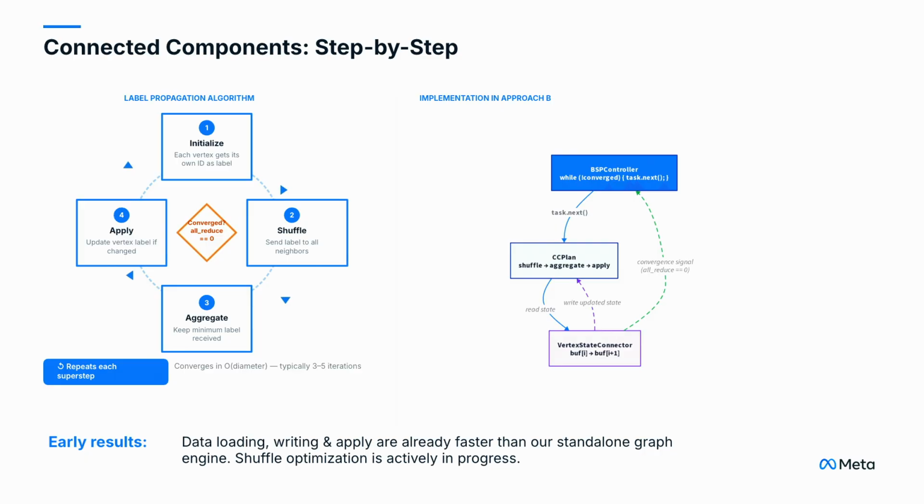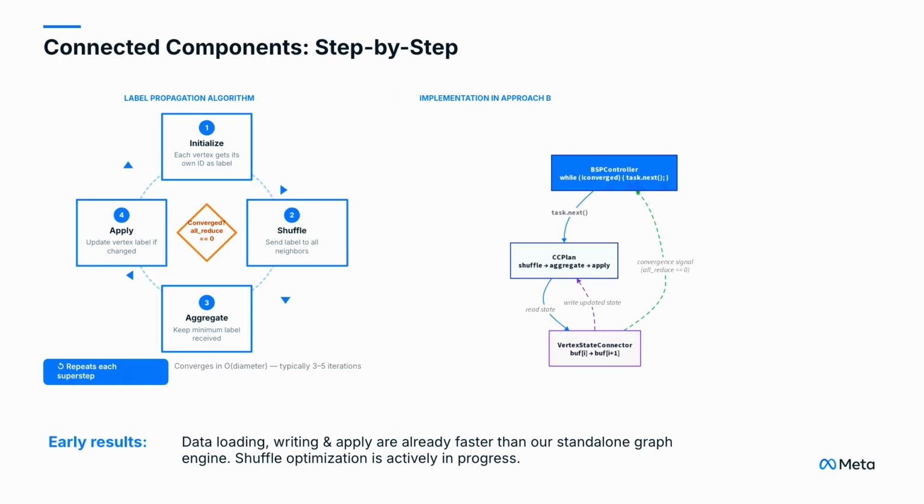In every superstep, or every iteration, vertices send their label to all their neighbors. After a vertex receives all the information from its neighbors, it does the aggregation and keeps the minimum label it receives. When the number of label changes hits 0, then we are done.